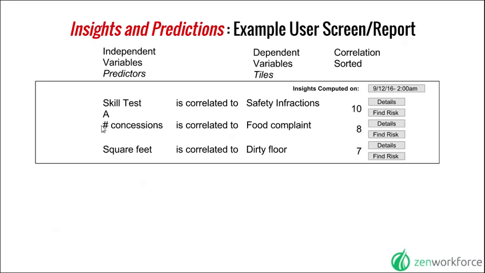So it keeps going down, and I have them sorted by how strong the correlation is, and they tie into what you saw in the previous slides to help illustrate. In case you want to rewind and look back, you can see how those previous slides with the same examples tie into this one. Another thing you might notice here is I have insights computed on.